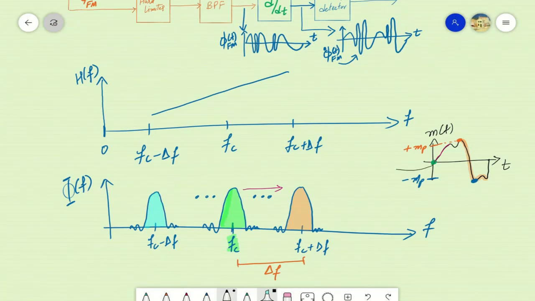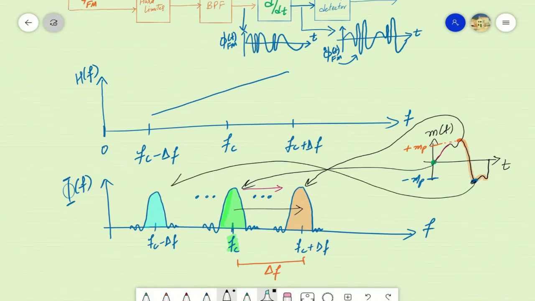That is, 0 amplitude is represented by the sinc positioned at frequency fc, positive peak amplitude by the sinc deviated maximally towards the right side, and negative peak amplitude by the sinc deviated maximally away from the carrier frequency towards the left side. So this amplitude axis is directly mapped onto this frequency axis.